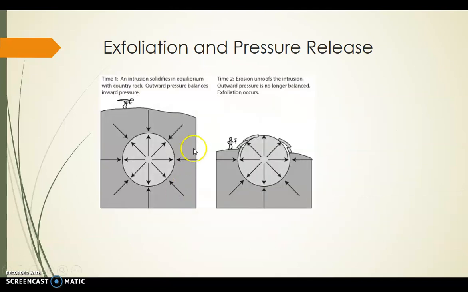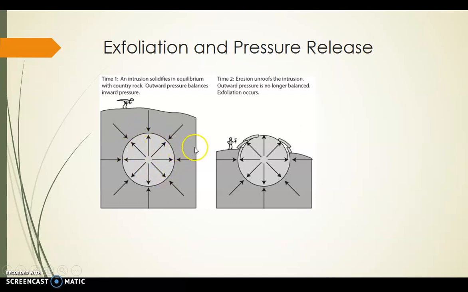So here's an image, and I love that we've got a little dinosaur because it tells us about the time period we're talking about. Here's your batholith or your laccolith, and it's got all of this external pressure pushing on it, and therefore to achieve equilibrium, it of course has to have an internal pressure that will push against it.